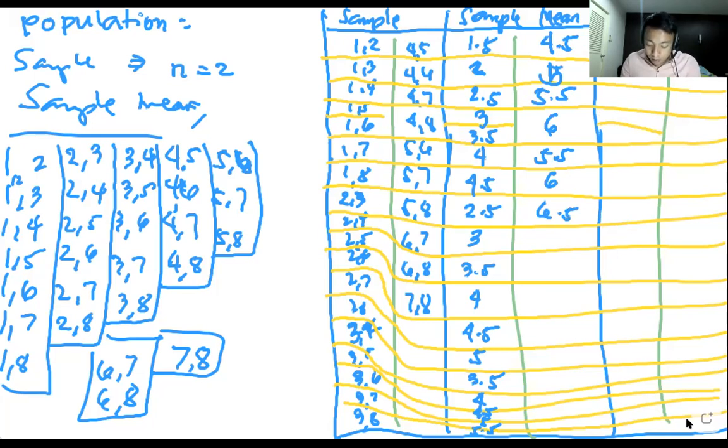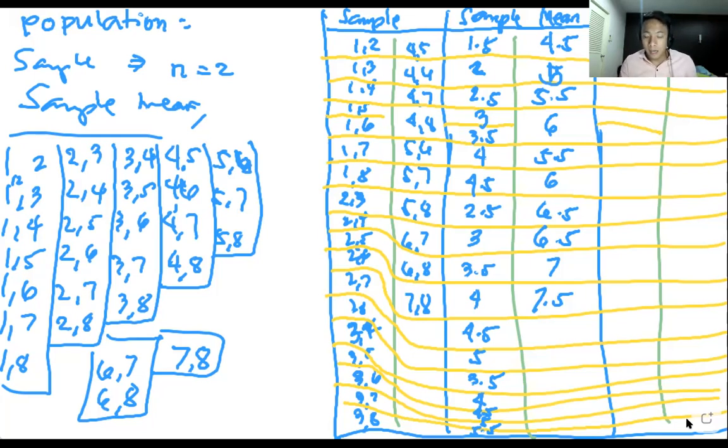Then 6, 7, 13 divided by 2 also 6.5. 6, 8, that's 7. And then 7, 8, we have 7.5. So those are the sample means of each sample.